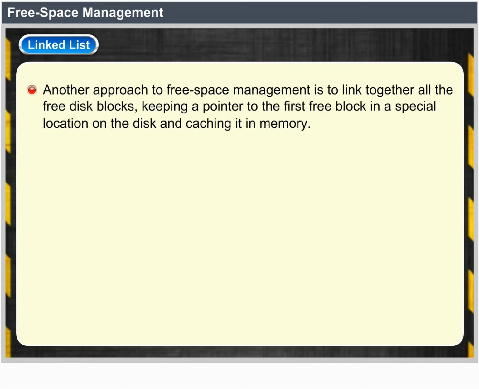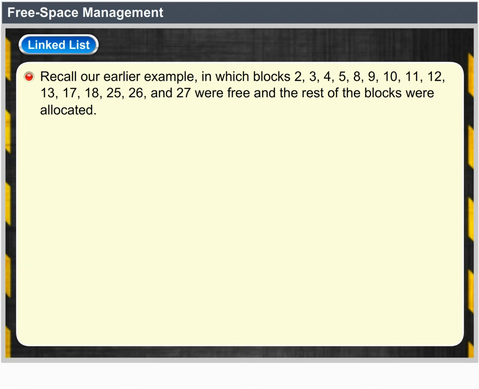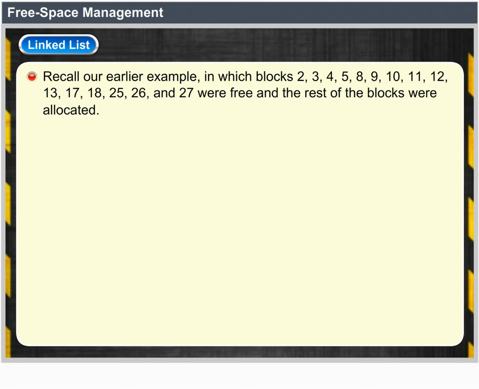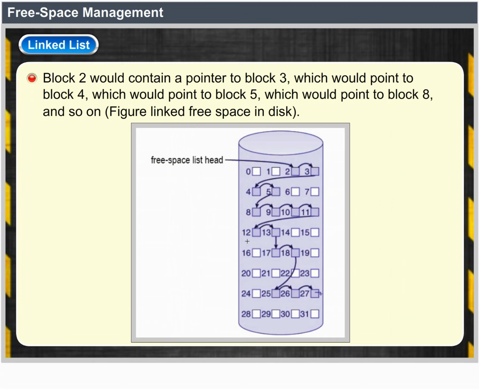Recall our earlier example in which blocks 2, 3, 4, 5, 8, 9, 10, 11, 12, 13, 17, 18, 25, 26 and 27 were free and the rest of the blocks were allocated. In this situation, we would keep a pointer to block 2 as the first free block. Block 2 would contain a pointer to block 3, which would point to block 4, which would point to block 5, which would point to block 8 and so on.